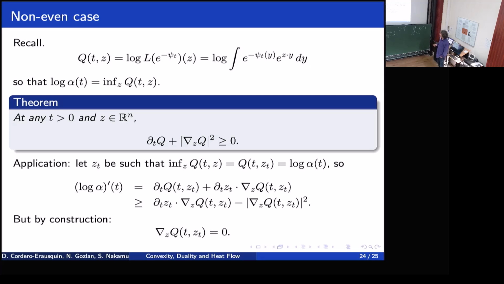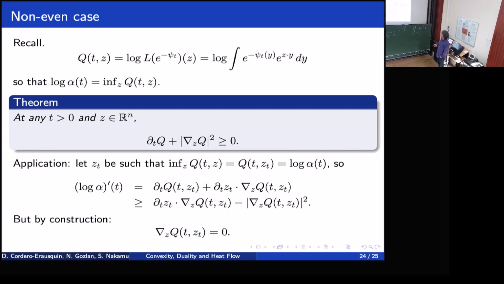And now I take the derivative in time of this. So I have the derivative in time at t is the derivative of Q_t plus, when I take the derivative here, the derivative of this flow Z_t, whatever it is, I don't care, times the gradient at point Z_t of my quantity.